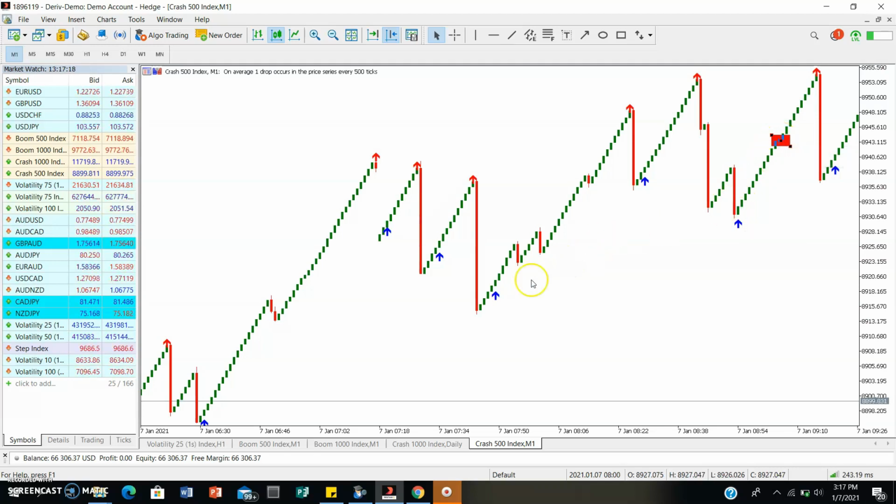This is what I was saying: for Crash, you use these blue arrows to enter into buy positions. And as soon as this red arrow starts to flash or pop up, that's when you start to exit, because it simply means the strategy this guy is using is now looking for a sell position.